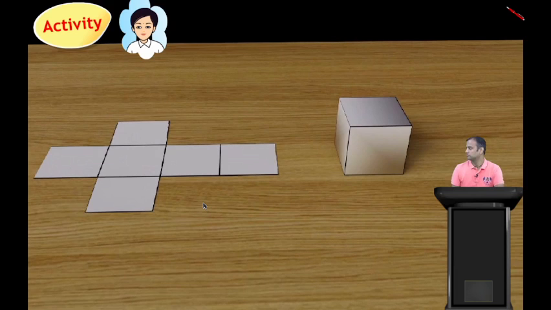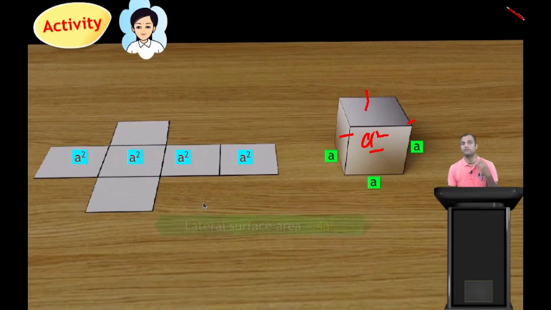In a cube all the sides are equal, so we can take the side as A. What is the lateral surface area? Here we can join this area, this area, this area, and this area. All the areas are equal to A square. So we have 4 areas, so it equals 4A square.